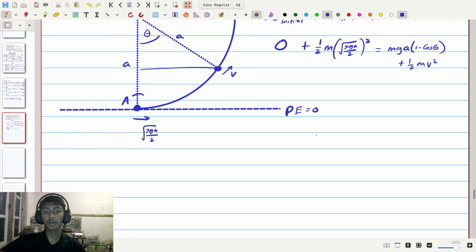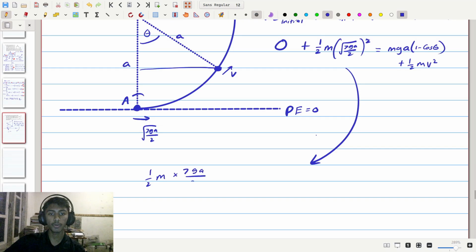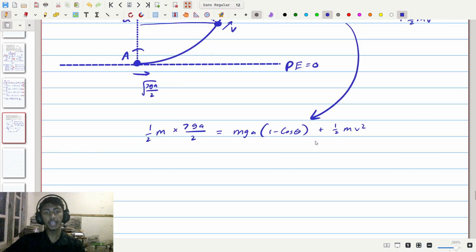So simplifying down on the left hand side, if we take it down here, we're going to have half m times 7ga over 2 equal to, and on the other side we're going to have mga times 1 minus cosine theta plus half mv squared, which we can see we can divide out the m, and additionally we could also multiply everything by 2 to get rid of the halves.